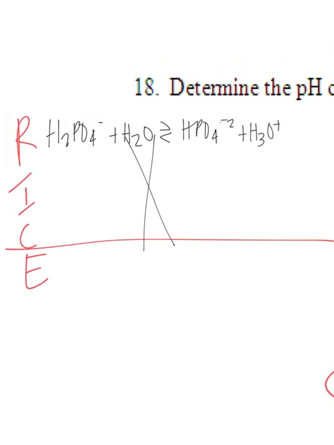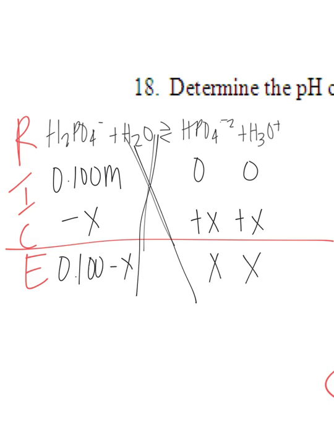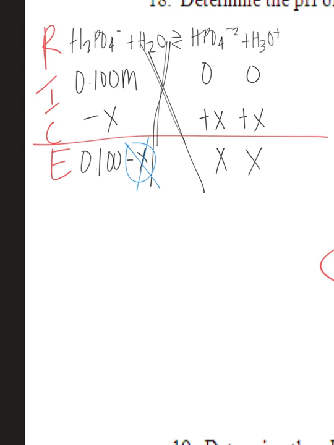They told me I had a 0.1 solution, none of that to start. Shift towards my zeros, write in what I have. Remember, I get to declare this negligible because I do have K, and when I do that, I can come down here, I'll write my equilibrium expression, so K, writing it in terms of Ka because it is acidic.